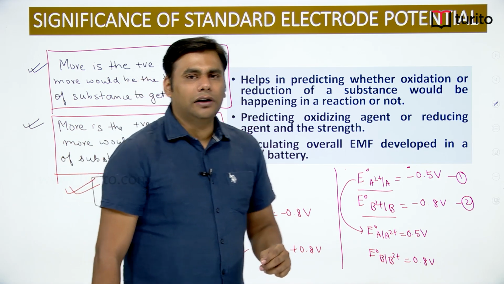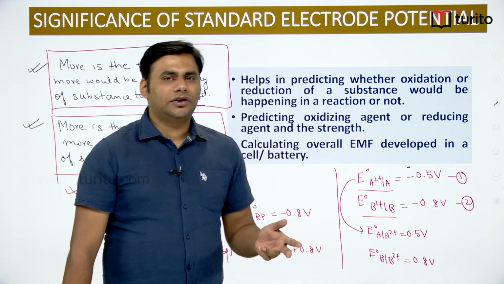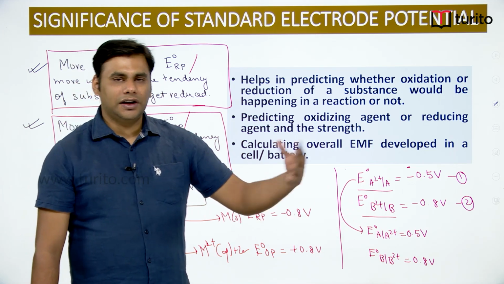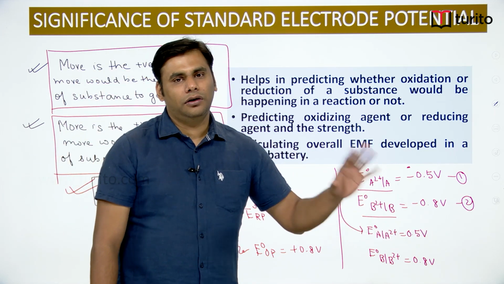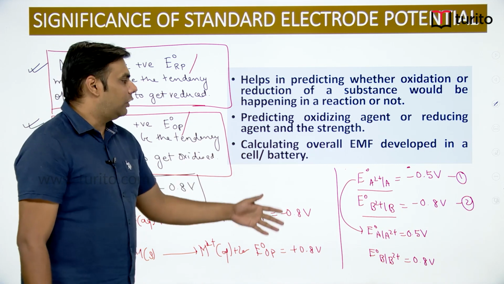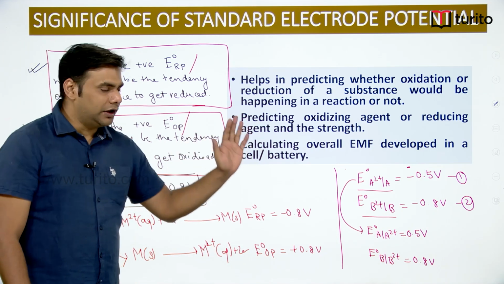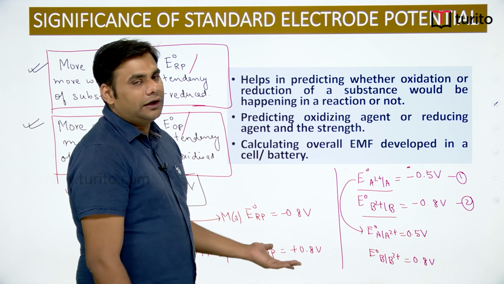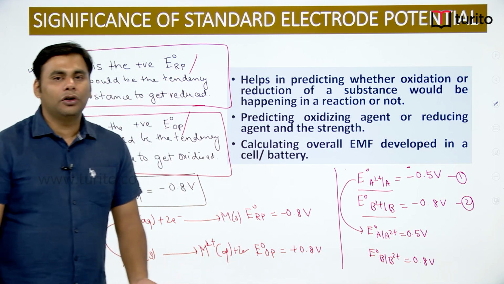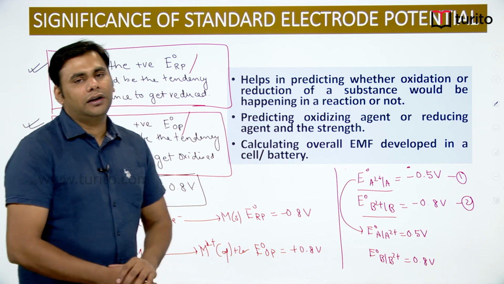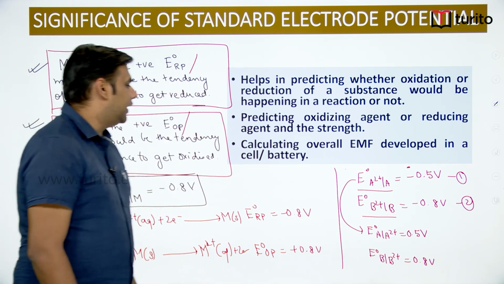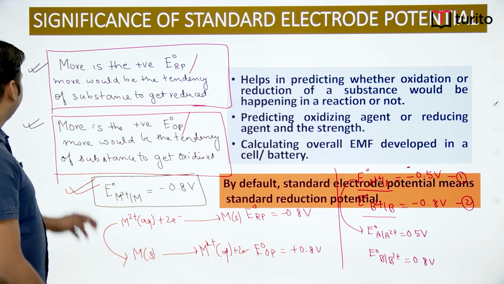Also, the third and last point, which we will discuss in detail, is that we can use the electrode potential to calculate the overall EMF developed in a given cell. Hope this is clear to you.